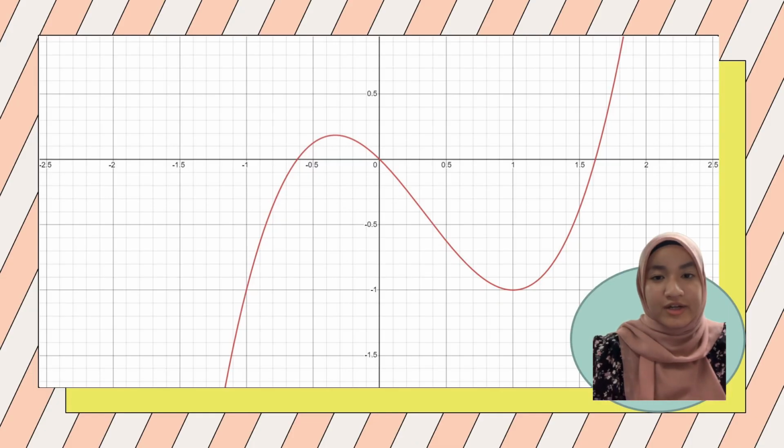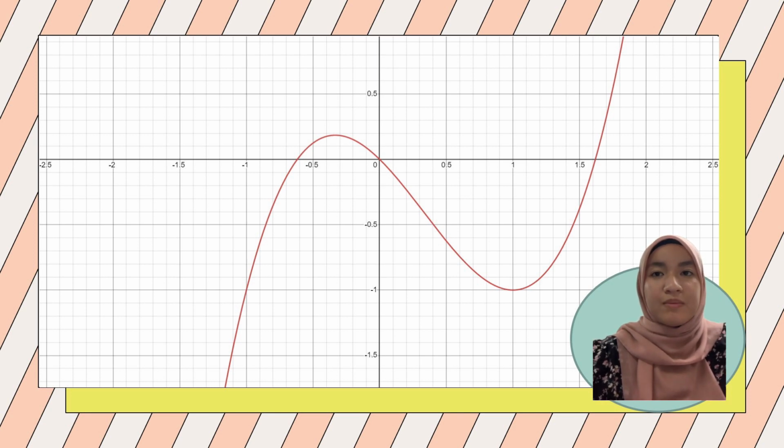So for the graph or diagram, I use the Desmos application. If you use the Desmos application, you just have to write the equation in the application and then you will get the graph.